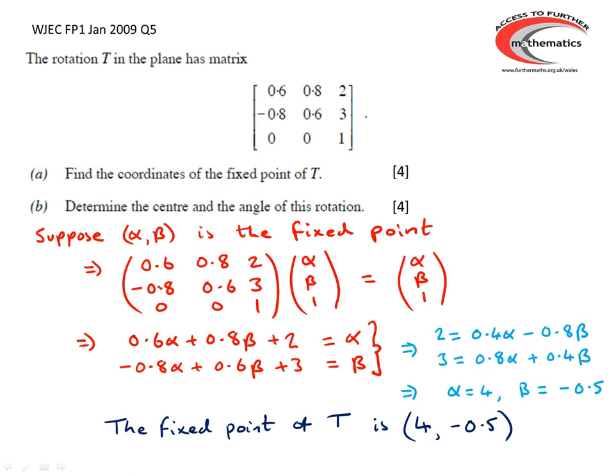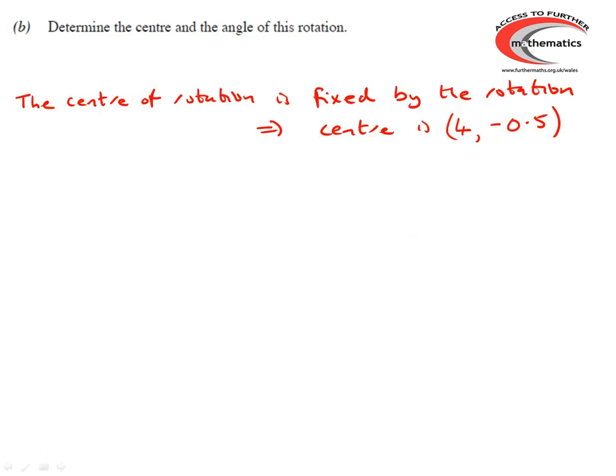Now we're told that this transformation is a rotation. Rotation only has one fixed point, and that fixed point is the centre of the rotation. So straight away at this stage we can write down that the centre of the rotation is the point (4, -0.5).